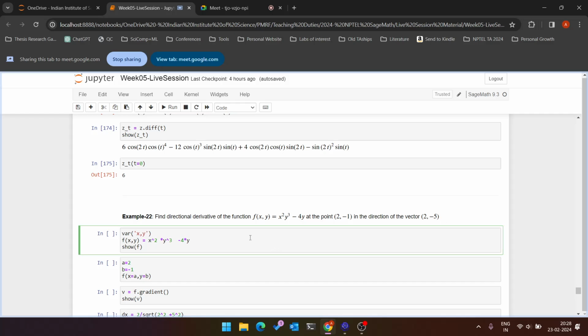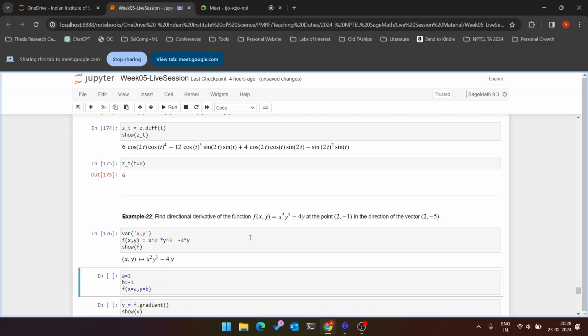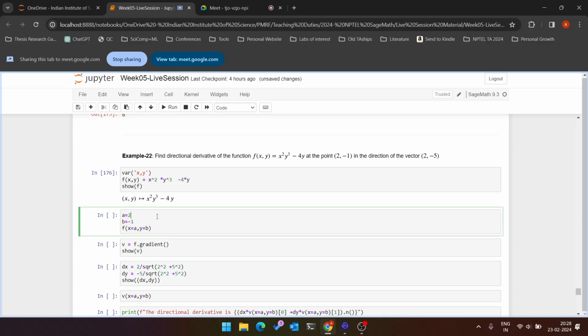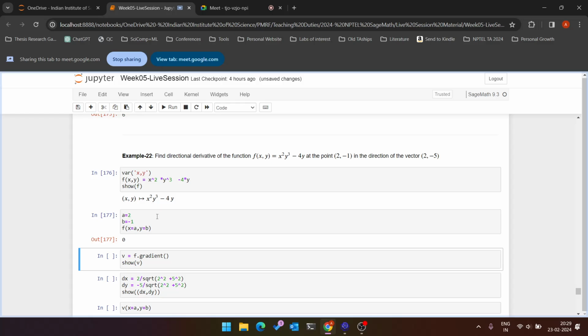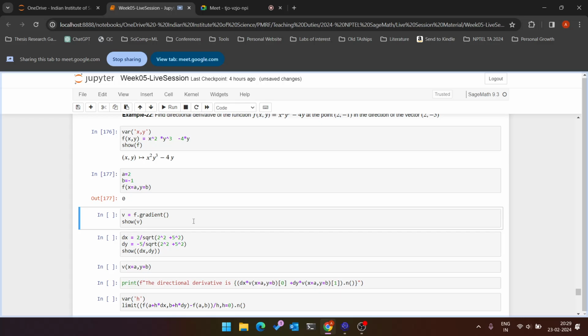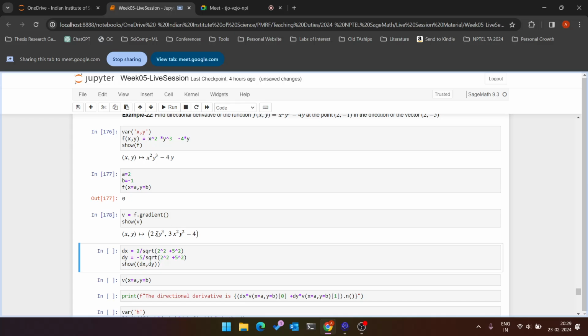So again we start by specifying our variable and defining our function. Next we look at our point, which is a is equal to 2 and b is minus 1. I evaluate the function itself. So the function vanishes at this point. If I look at the gradient of f of x, this is how my gradient looks like.